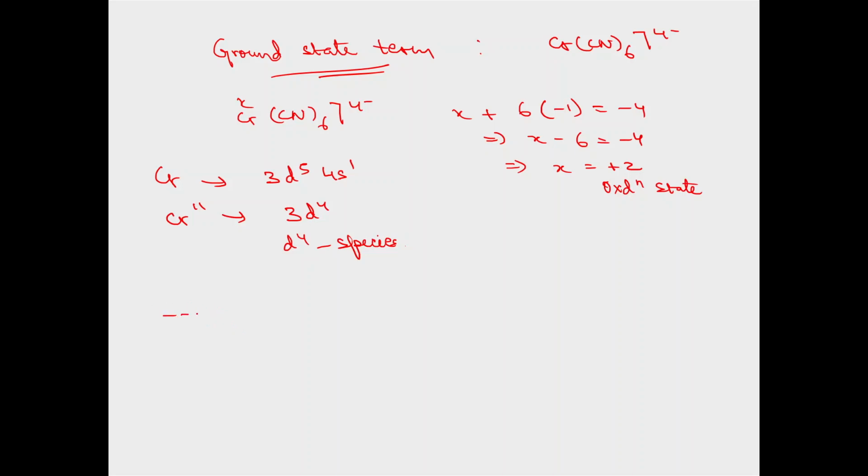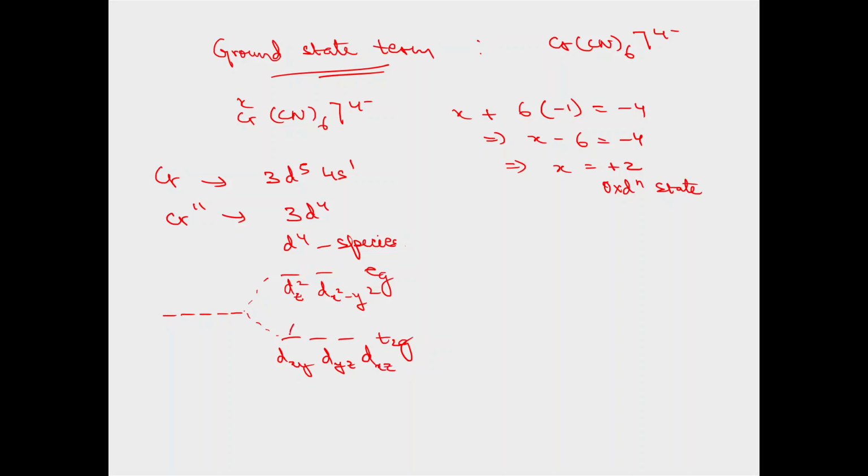In octahedral, we know that the 5 degenerate d orbitals split into two energy sets: one is Eg and the other is T2g, where Eg has dz2 and dx2-y2, whereas T2g has dxy, dyz, and dxz.